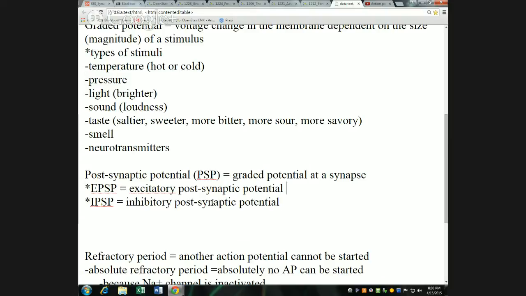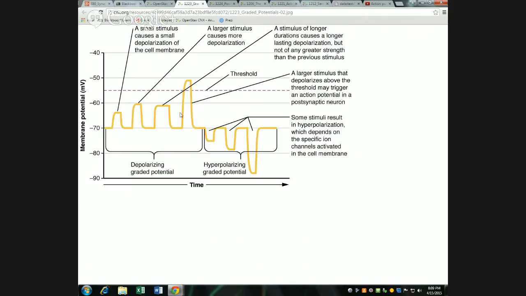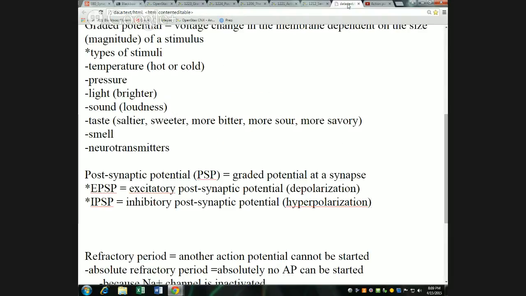So really what we're talking about here is EPSPs are depolarization and IPSPs are hyperpolarization. These are just different terms for what I was just showing you. The depolarizing graded potentials are excitatory, the hyperpolarizing graded potentials are inhibitory. Okay.